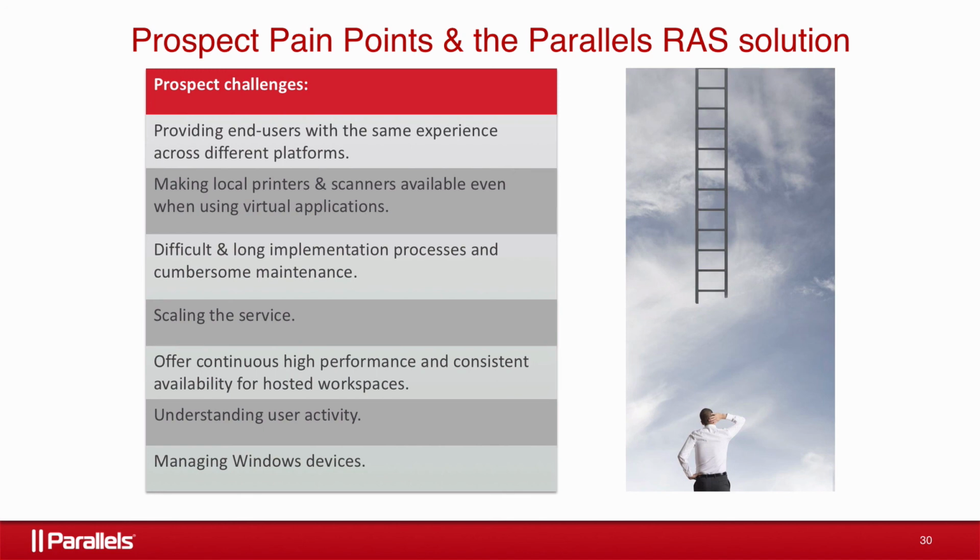You can have a POC up and running with your customer or partner in 90 minutes or so. And we can understand the user activity and what apps are being used. You can manage the user sessions. And of course, you can scale the service as you need.